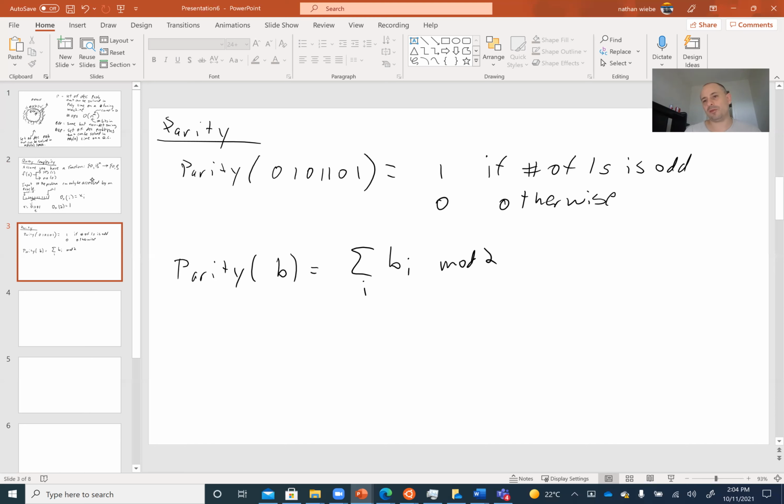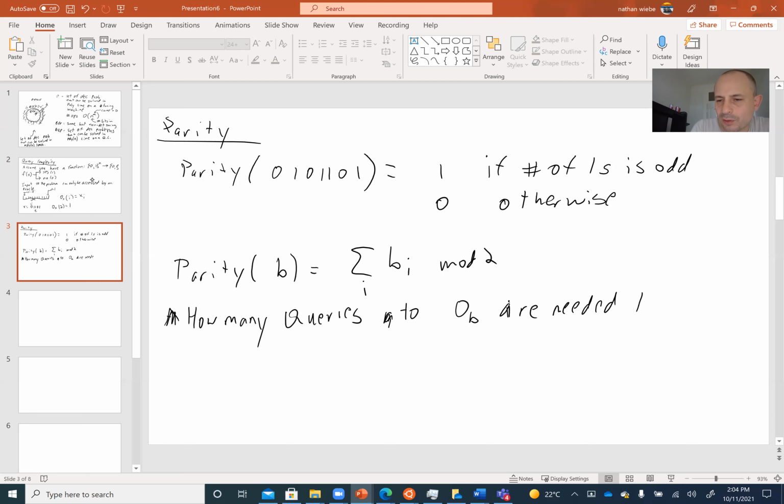Okay, so say we would like to figure this out, and our problem is the following: how many queries to an oracle that computes the bits of B, O_B, are needed to compute parity of B. And I'm going to assume here with 0 error.